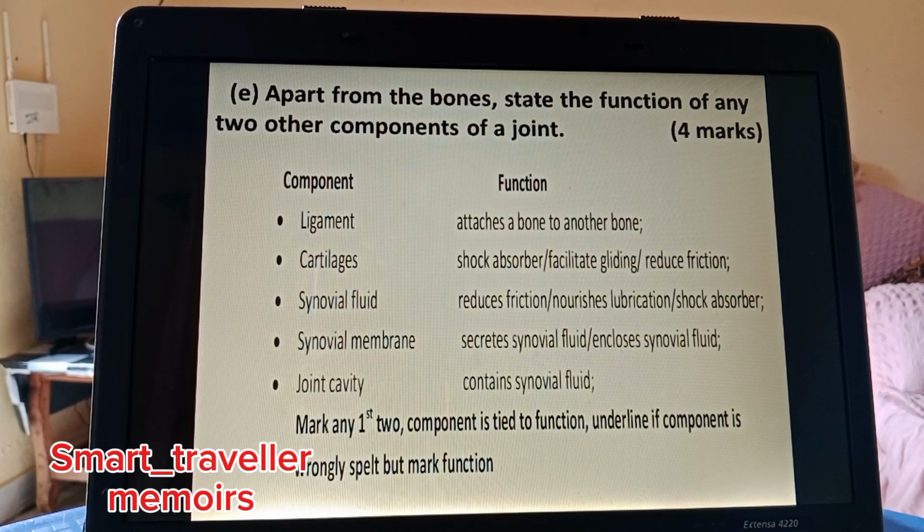Apart from the bones, state the function of any two other components of the joint. Ligament attaches a bone to another bone. Cartilage, shock absorber or facilitates gliding or reduces friction. Synovial fluid reduces friction or nourishes, lubrication or shock absorber.